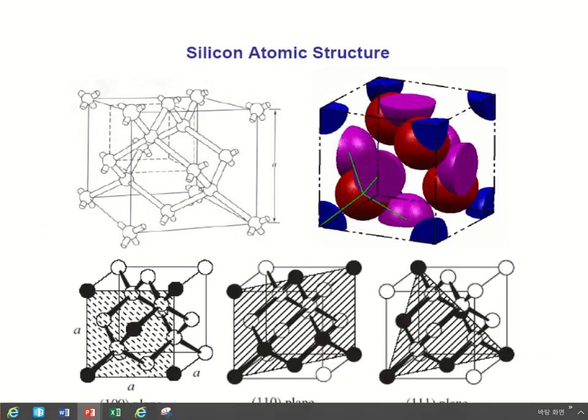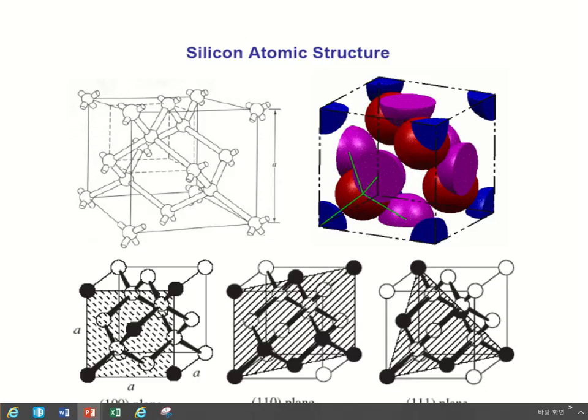When you make a silicon wafer, three different directionalities of the wafer are available. It's the 100 plane on the left, the 110 plane like this, and the 111 plane like this. This particular plane is located on top of the wafer.